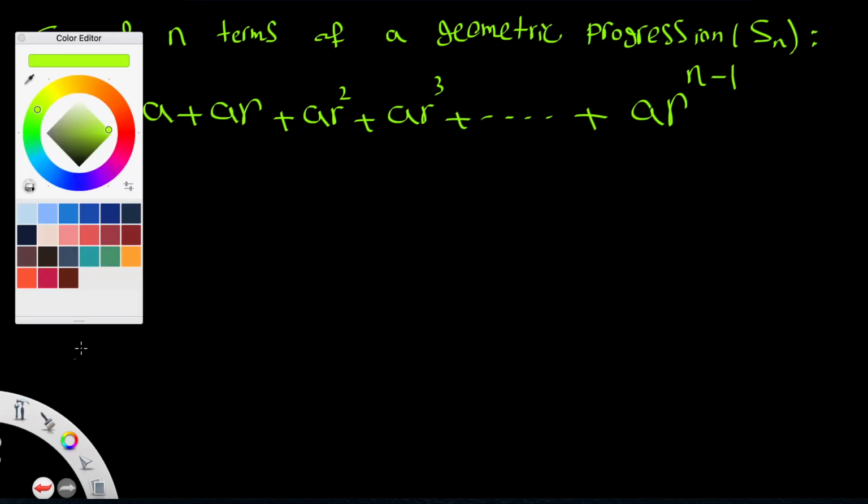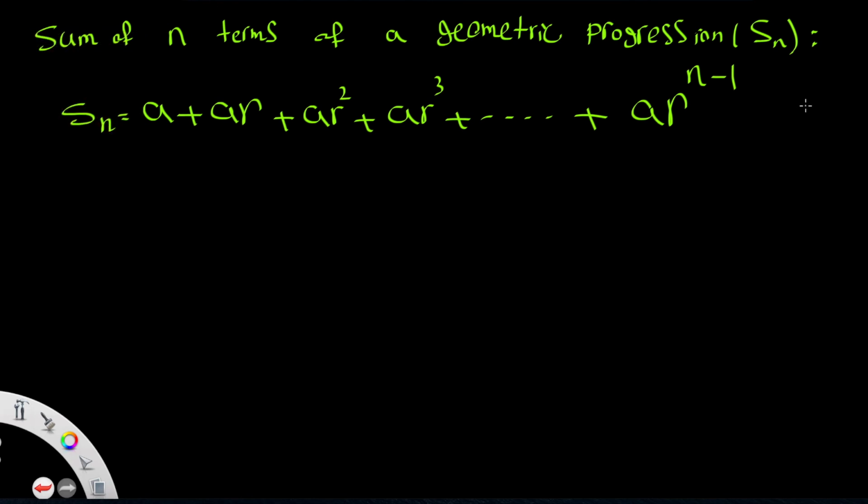Now, as we already know, R is a non-zero number, so I'm allowed to multiply both sides of an equation by a non-zero number.